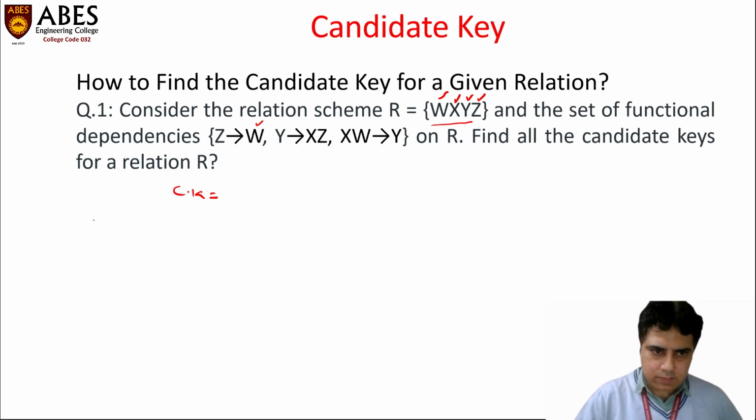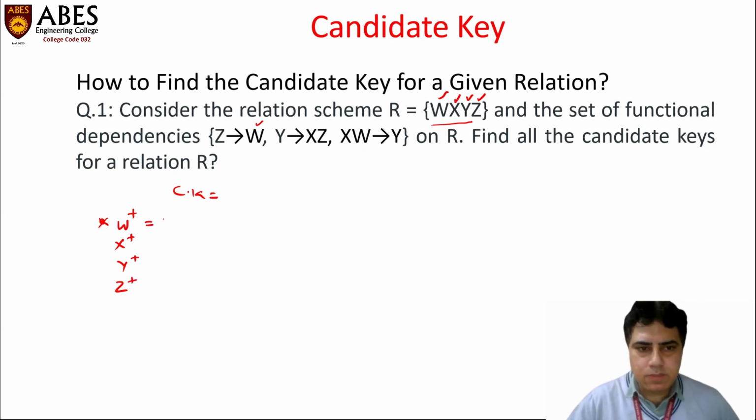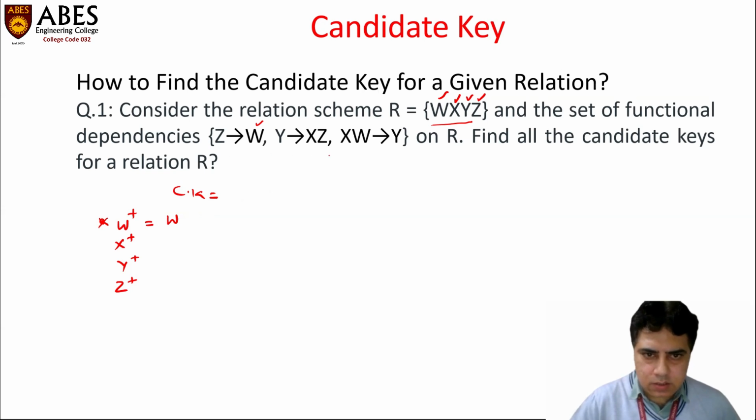Now try from the single attributes W, X, Y, Z. Take the attribute closure of all the single attributes. Now from W, we can determine W, and there is no further attribute we can determine. So this is the failure case.